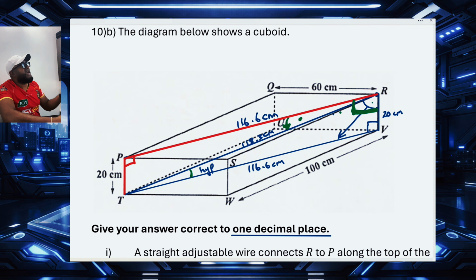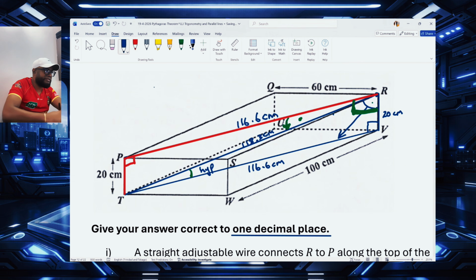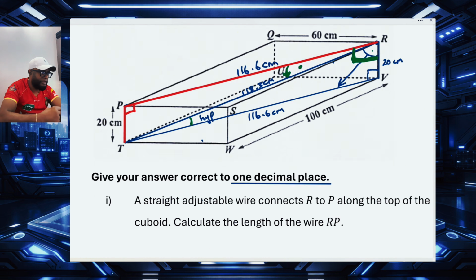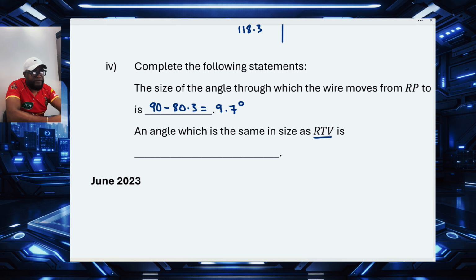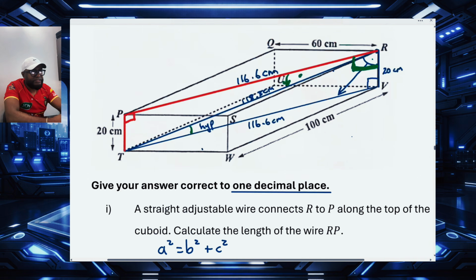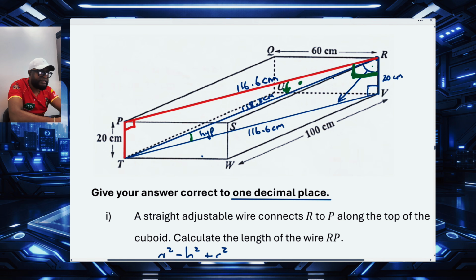It will simply be 90 minus what we found this one to be. 90 minus 80.3 will give me 9.7 degrees. An angle which is the same as R to T to V.